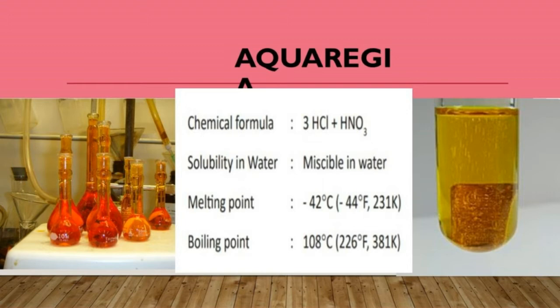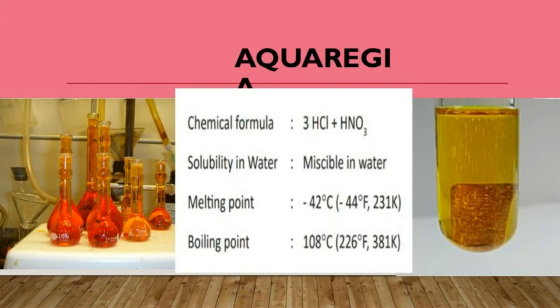This mixture is called aqua regia. It is a mixture of hydrochloric acid and nitric acid, that is HCl and HNO3, optimally in the ratio of 3:1.